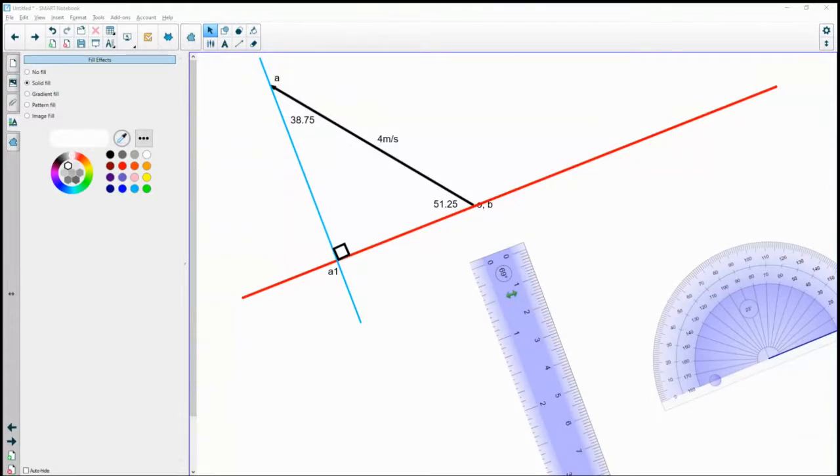We're going to take those values and say that the velocity of A with respect to B is equal to 4 meters per second times the cos of 38.75 degrees.